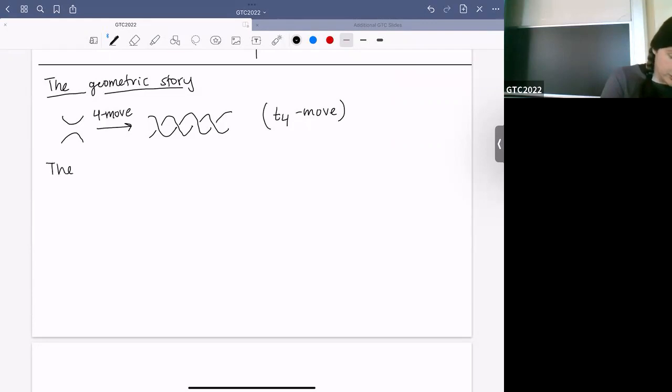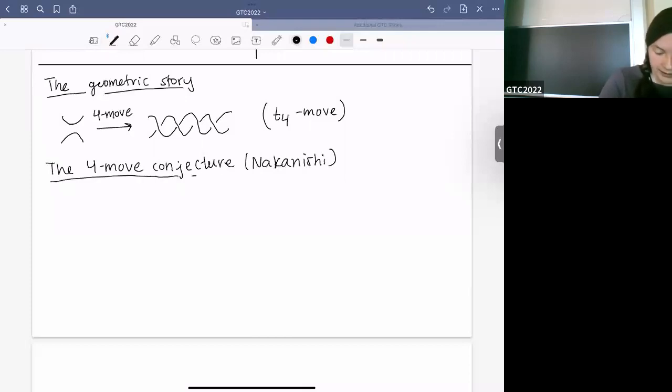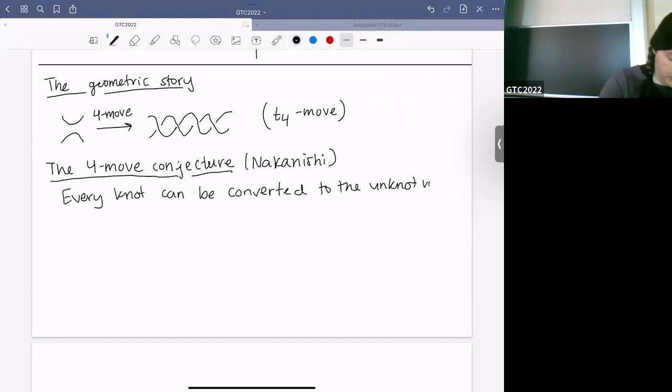And the 4-move conjecture, which to my knowledge is still open and is on, I guess, Kirby's problem list, is a conjecture of Nakanishi, although there is a statement that has to do with links due to Kawaguchi. It says that every knot can be converted to the unknot via a finite number of 4 moves.